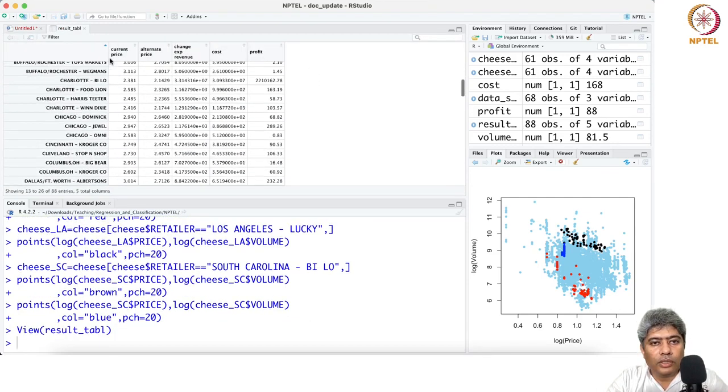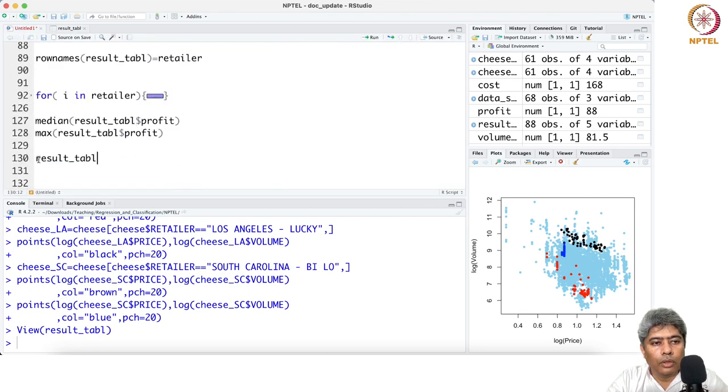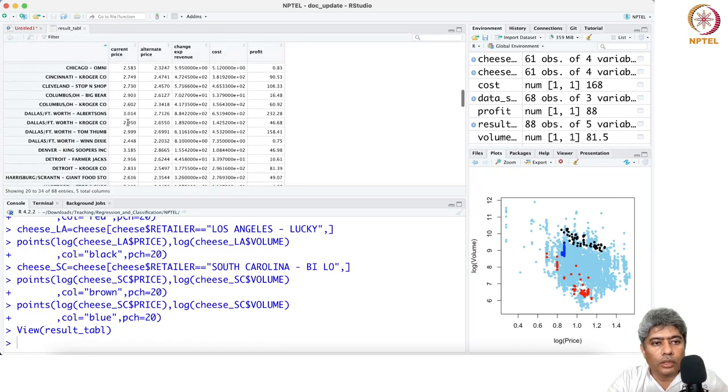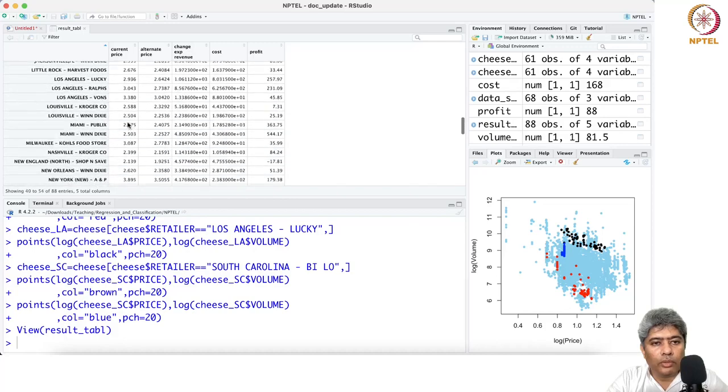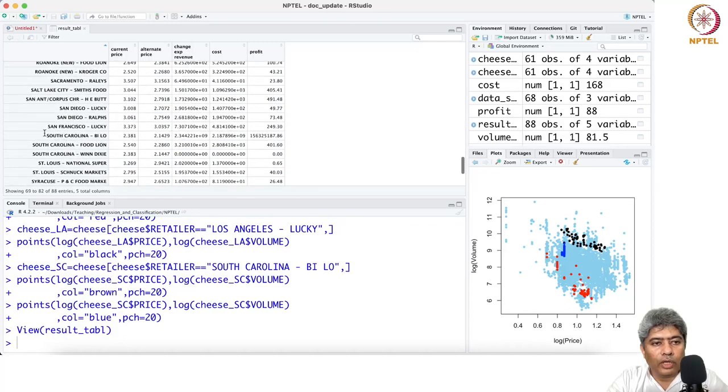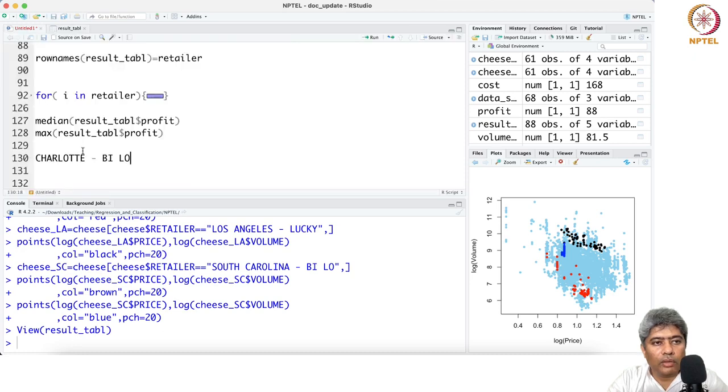One is Charlottesville below, and the other one where we got a terrible estimate is South Carolina below. So these two retailers, I think, have some issues.